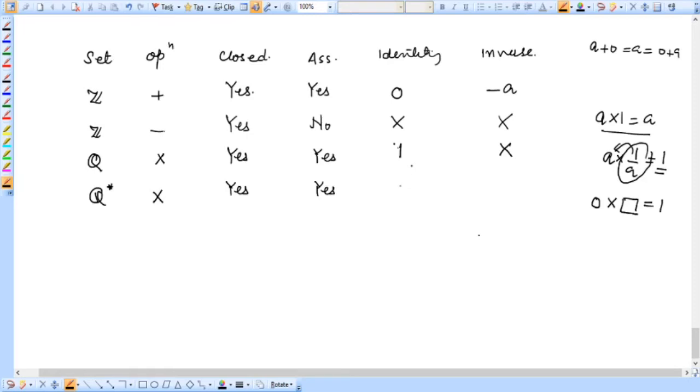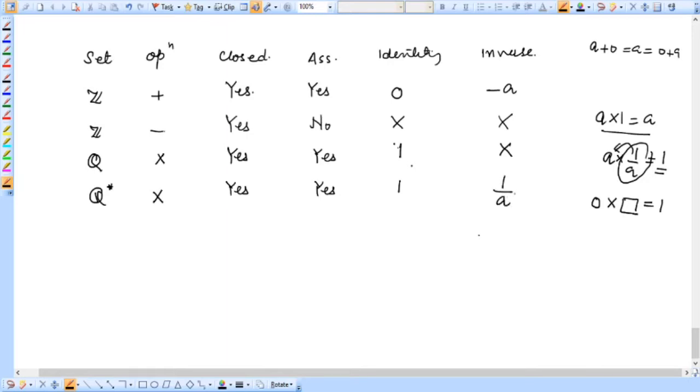The associative law was held by this set, and identity was again 1, and inverses were also found for every number, right? Because 0 was the only problematic number for which the inverse did not exist. But when we excluded this 0, this set became a group.